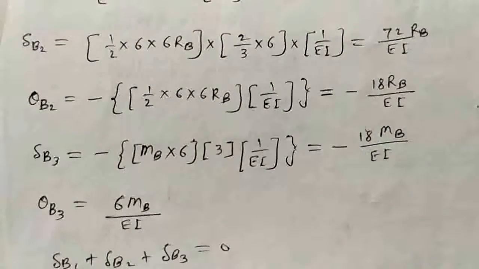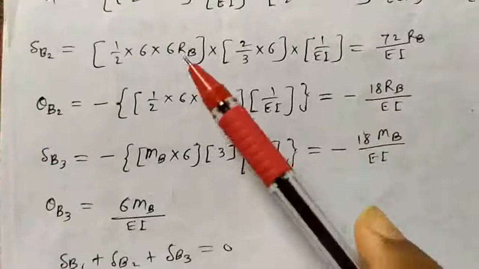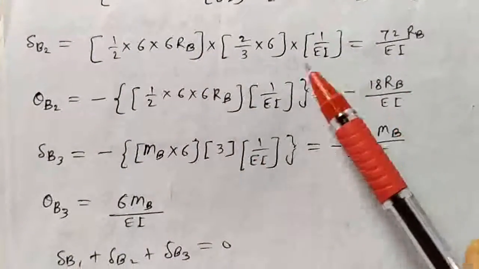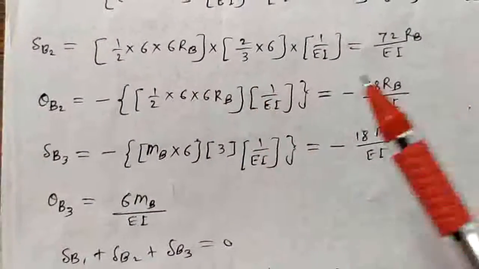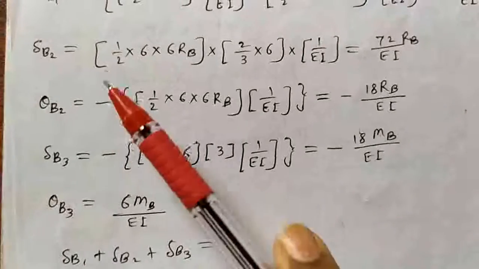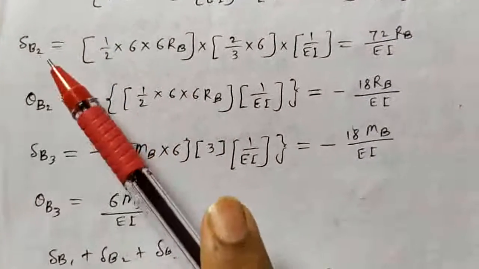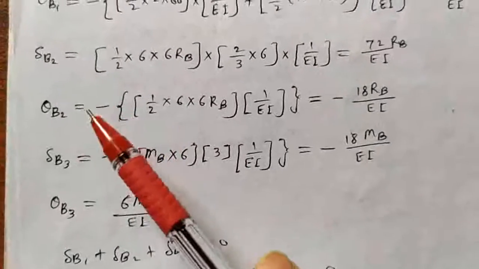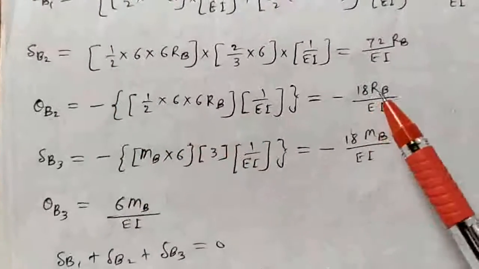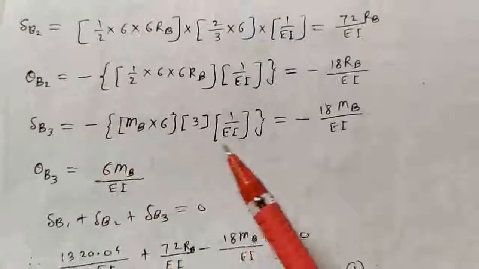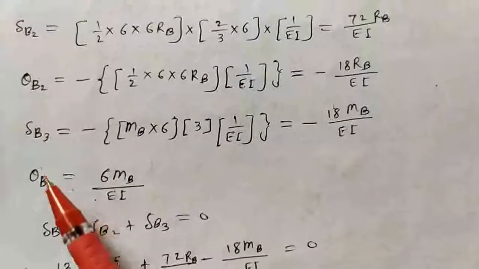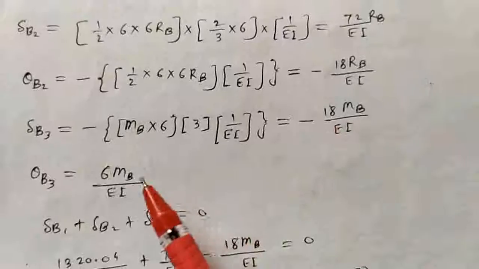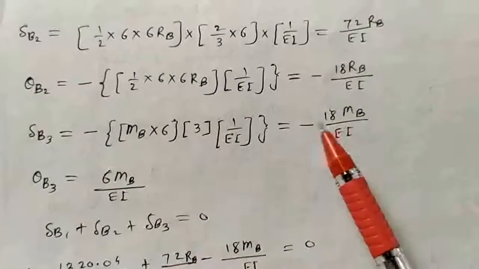Just consider the first and last bracket, and take the sign opposite of delta. Delta B2 we have got positive, so theta B2 will be negative. In the same way, find theta B3 and delta B3. Of course, delta and theta will be opposite in sign.